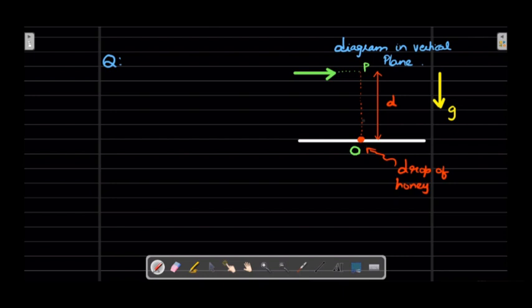Okay, and then from that point onwards it starts trying to get to the drop.